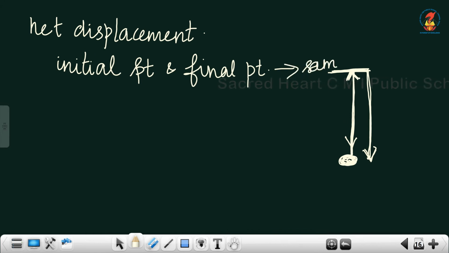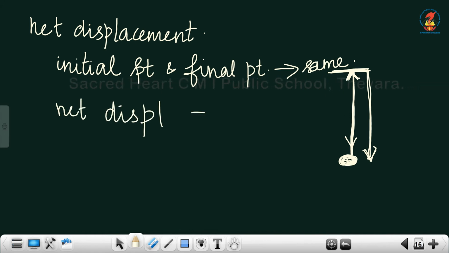Since initial and final points are the same, net displacement will be equal to 0. What you have learned in chapter 1, motion: if the initial and final point of an object are the same, then net displacement will be equal to 0.